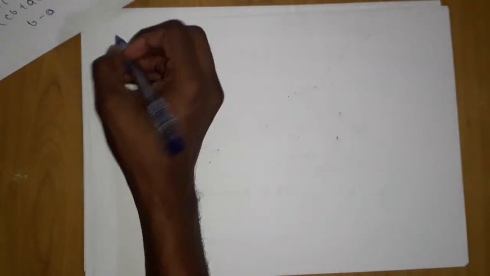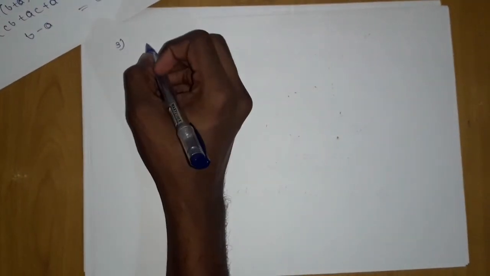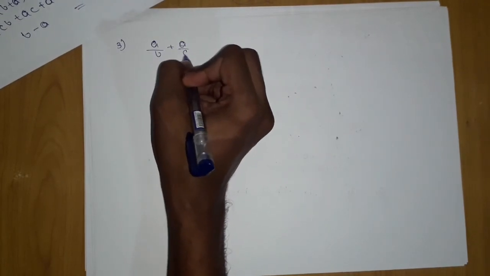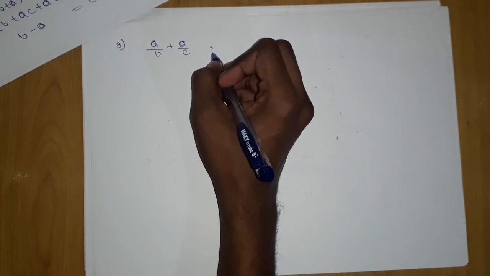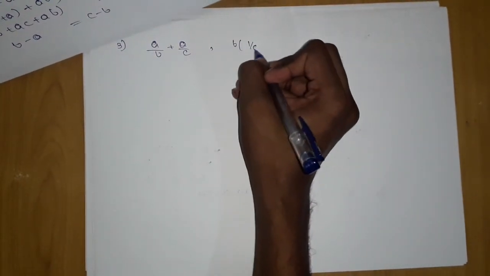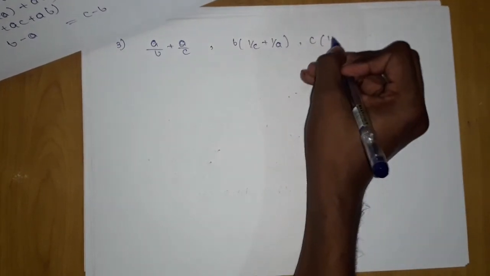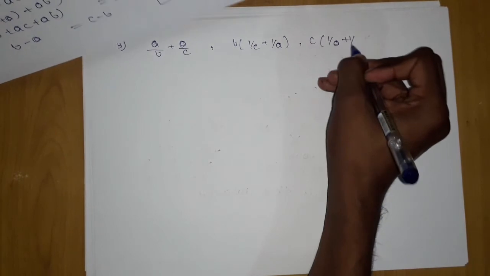Now let's move on to the third one, which is like this: a upon b plus a upon c is equal to b into 1 by c. I should have written it like this: c upon 1 by a, 1 by b.